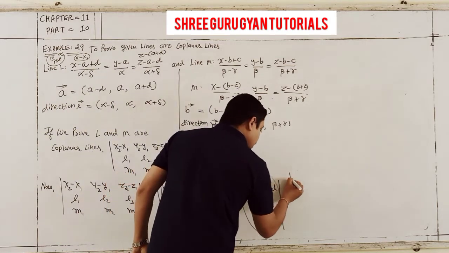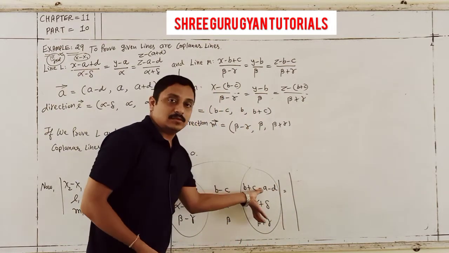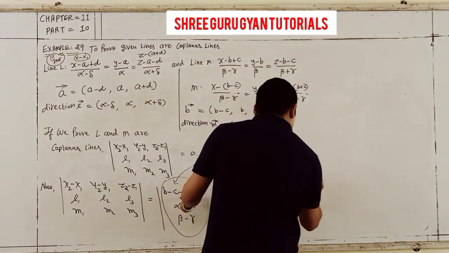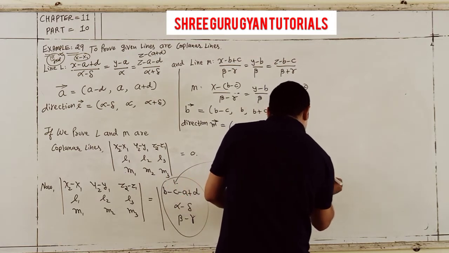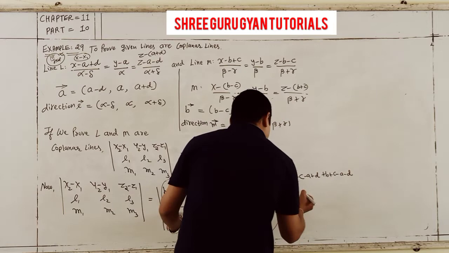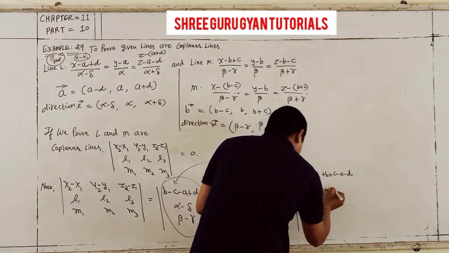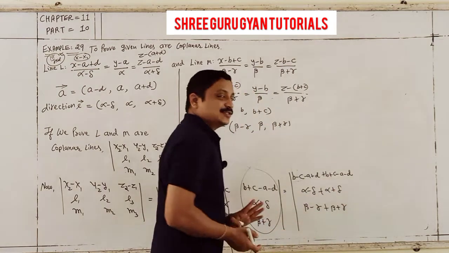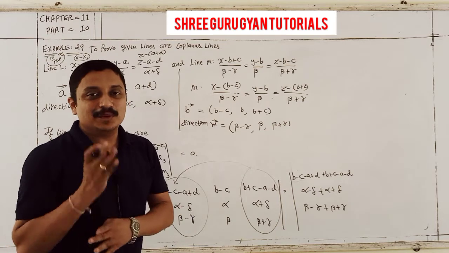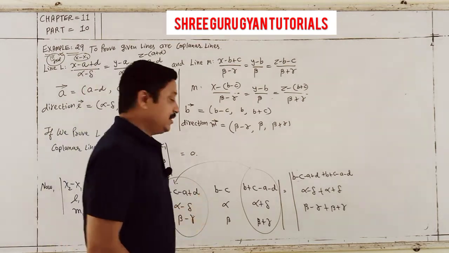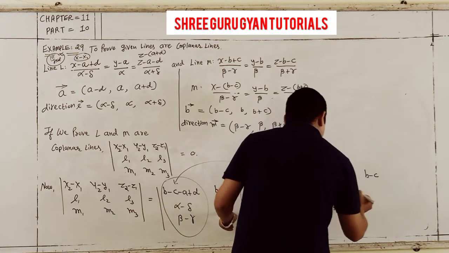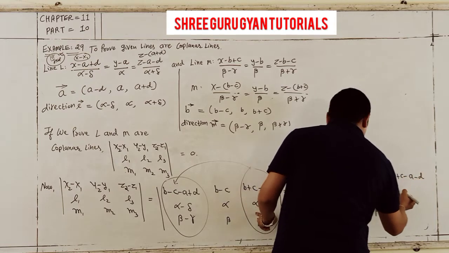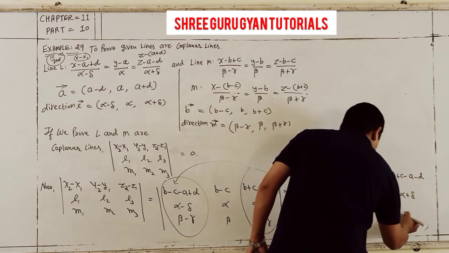So, I just added the third column into the first column. You will get B minus C minus A plus D, and here added B plus C minus A minus D. Same with alpha minus delta plus alpha plus delta, and last beta minus gamma plus beta plus gamma. Actually by this process I will prove it easily to be 0, because the first and second columns are the same: B minus C, alpha, beta, and last as it is, beta plus gamma.